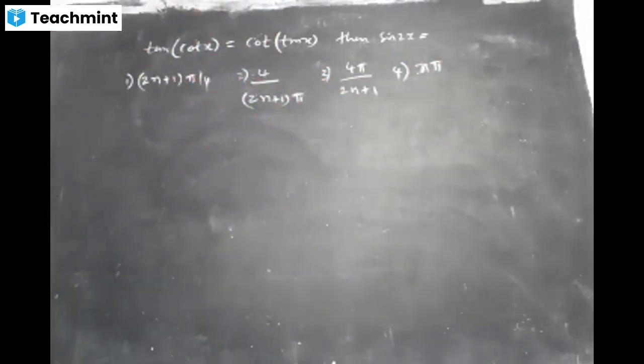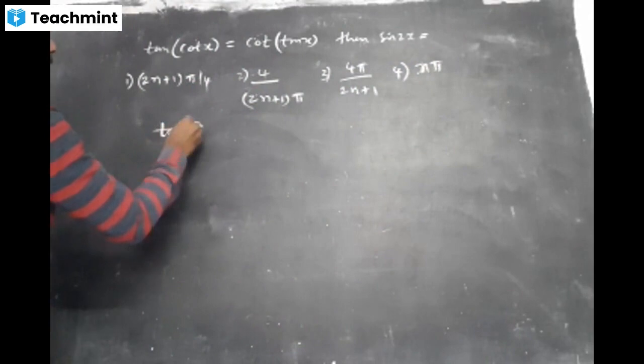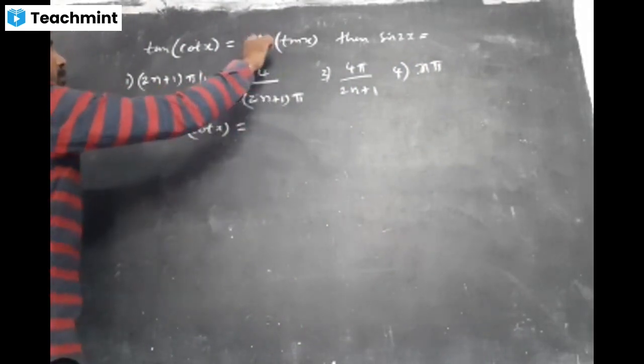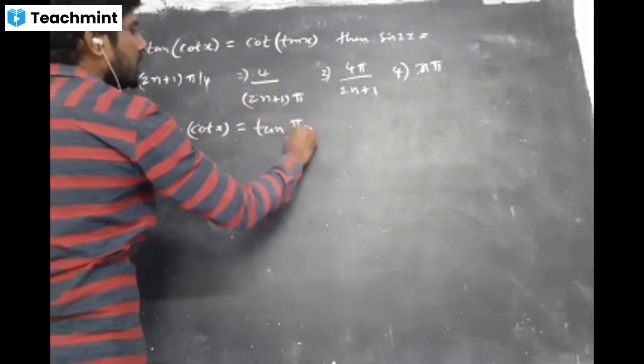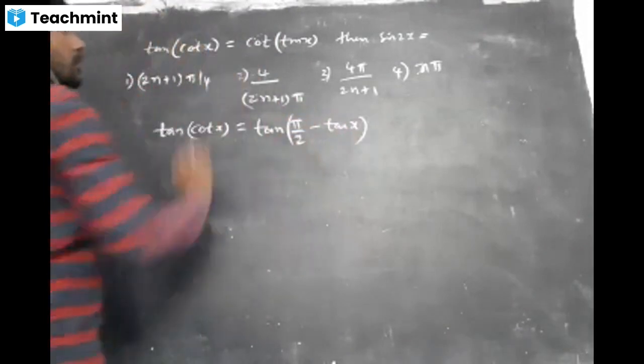So the given question is tan of cot x is equal to cot of tan x. This one also we can change to tan terms. We can write tan of 90 minus theta, since tan of 90 minus theta is equal to cot theta.